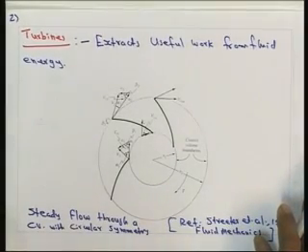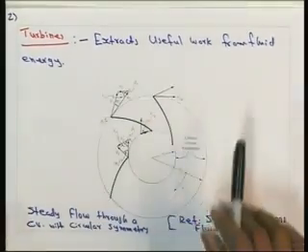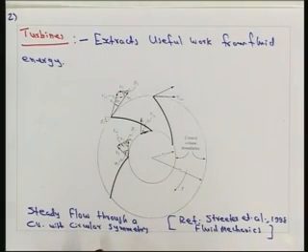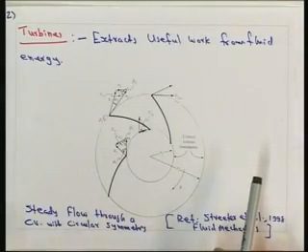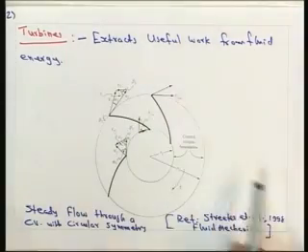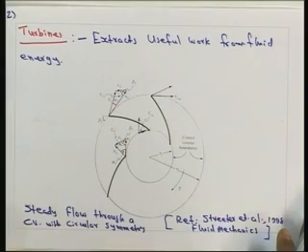The turbine extracts useful work from fluid energy. As I mentioned, in the case of a turbine, a large jet velocity is hitting on the blades of the turbine, and then it is rotating in a magnetic field, and we are extracting the power. So the turbine extracts useful work from the fluid energy.